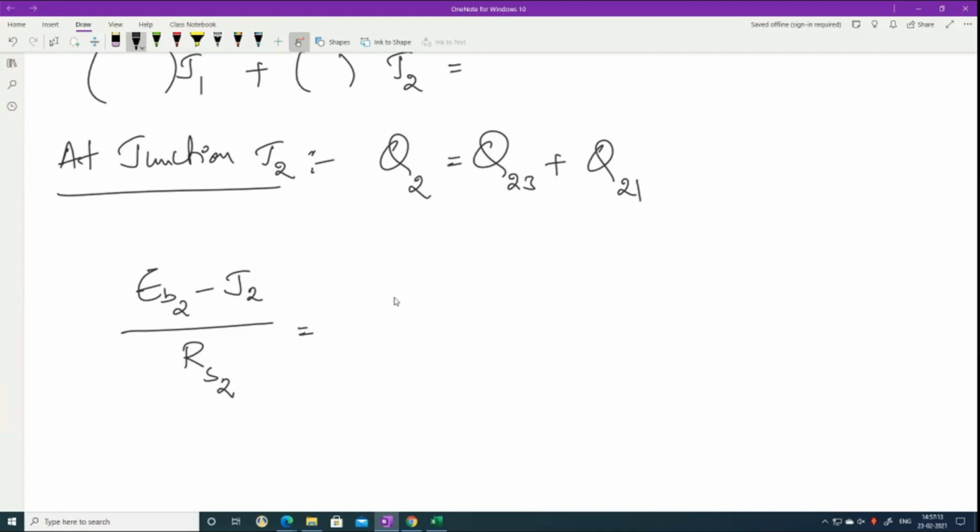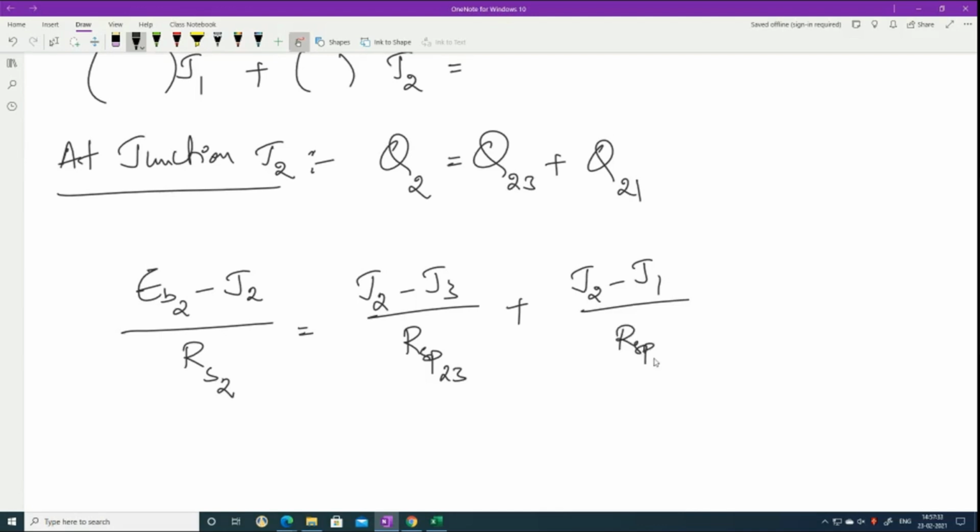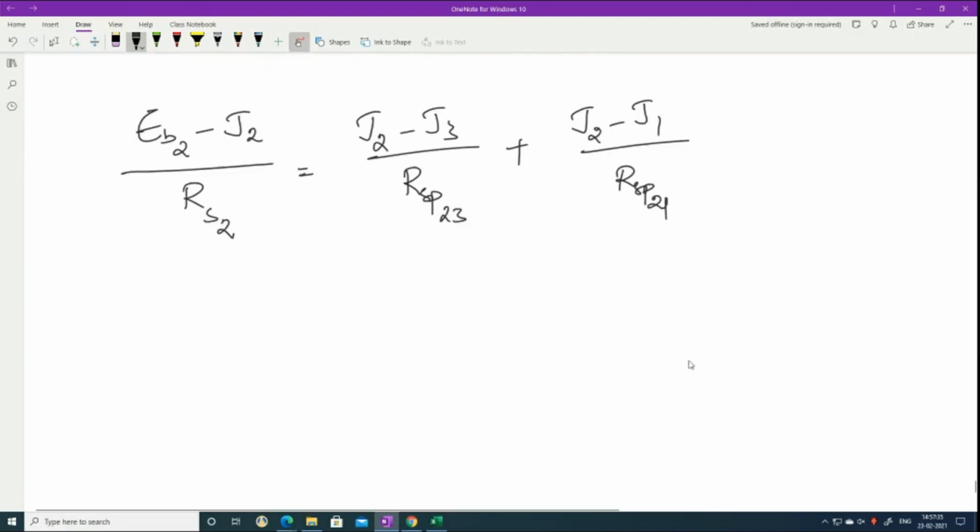Q23 means (J2 minus J3) by RSP23 plus (J2 minus J1) by RSP21.